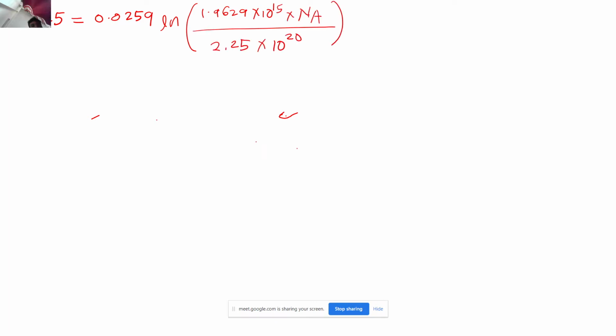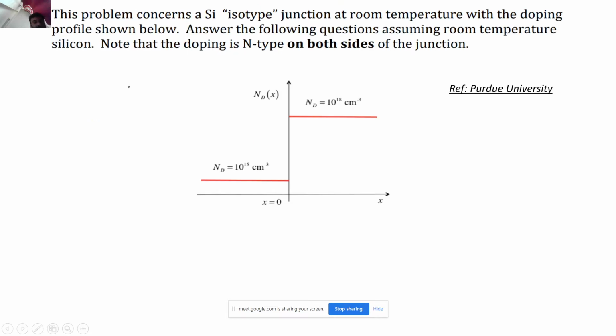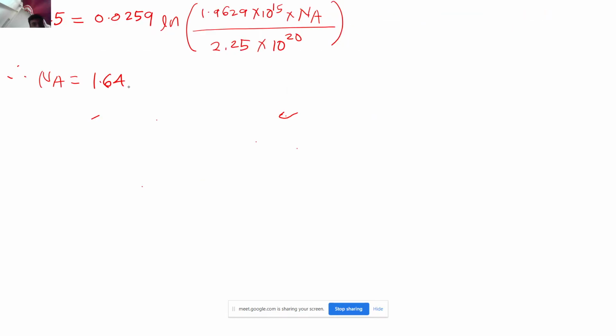If you take the exponentials on both sides, the ln will get cancelled. If you solve this, you will get the value of NA to be around 1.645 into 10 to the power 17 cm to the power minus 3. I hope this was clear to you. It was again an easy question.